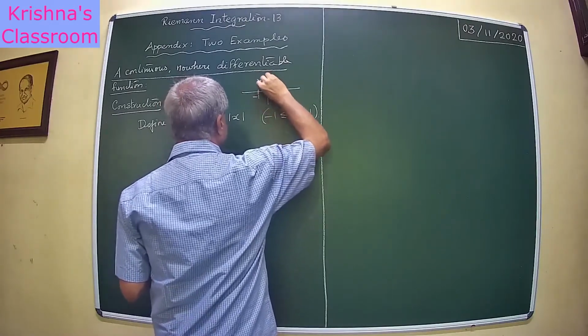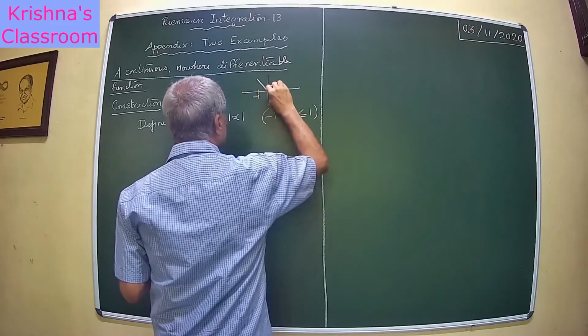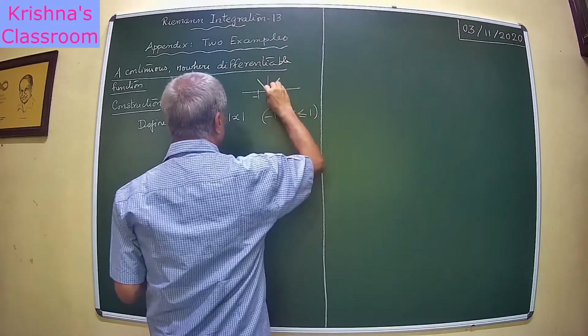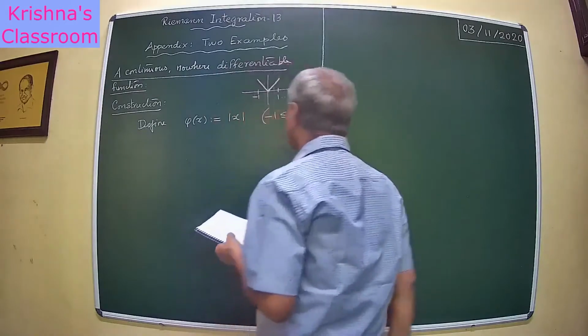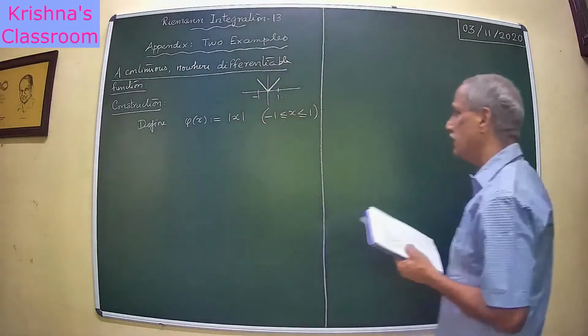The graph of the function is having a sharp peak here, so no differentiability for this function at that point, but it's a continuous function.